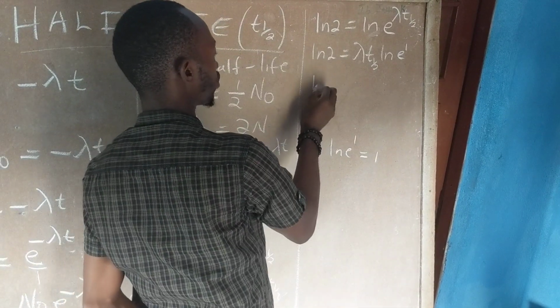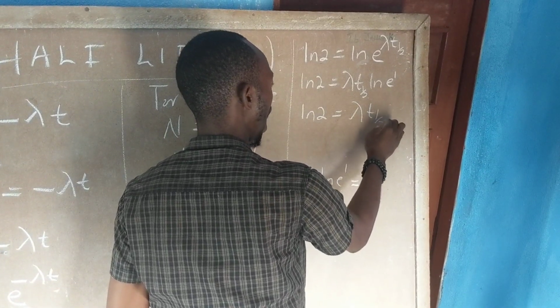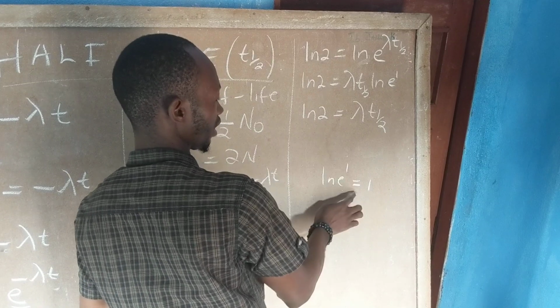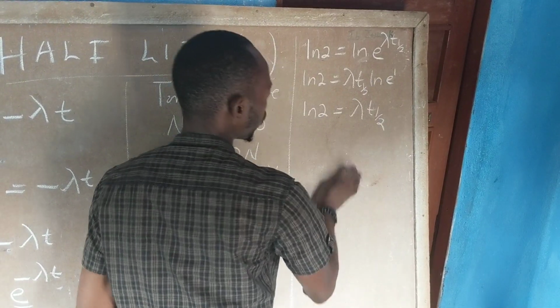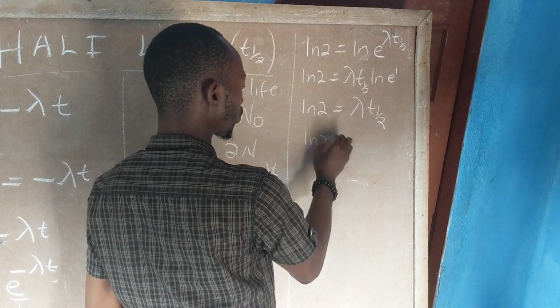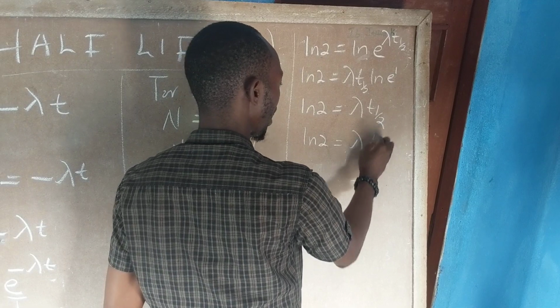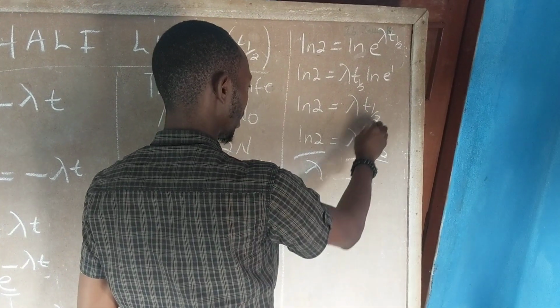So therefore, if we write, we have ln 2 equals lambda T half, because ln e raised to power 1 is 1. So therefore, if we are looking for T half, we divide both sides by lambda, so ln 2 equals lambda T half. Divide both sides by lambda, this cancels this.